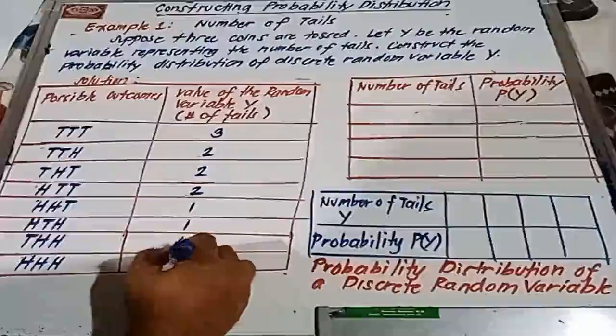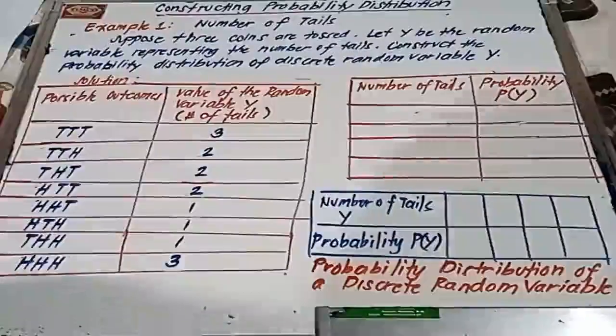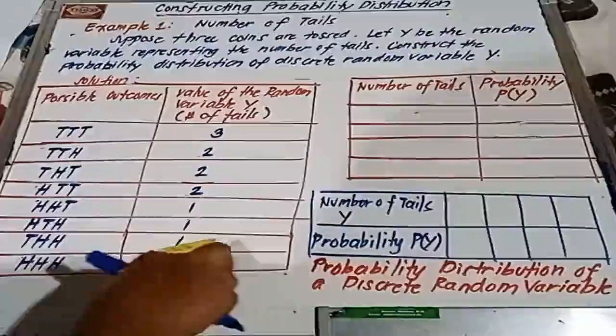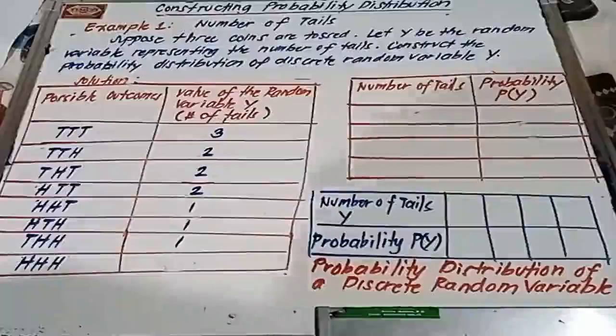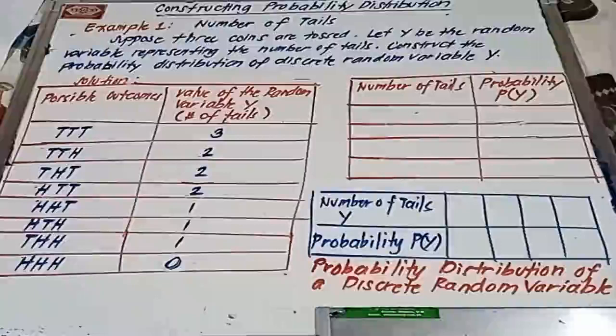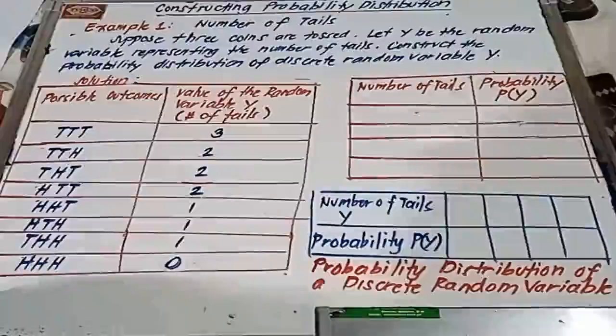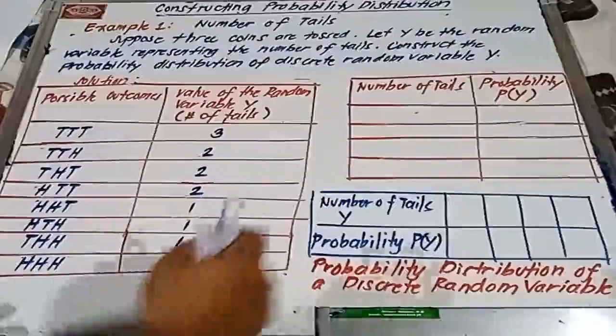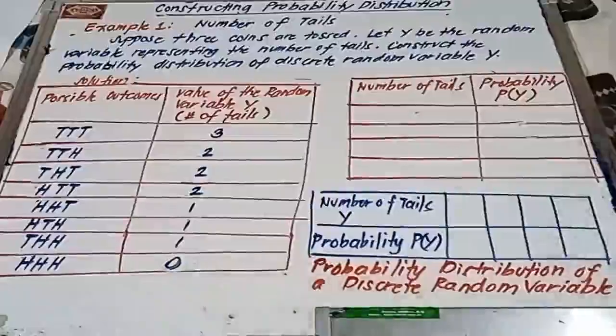At dito, 3. Okay. 1. 0. Dahil walang tail. Okay. Yan. So, meron na tayong value ng random variable ng y at yung ating variable na yon represent the number of tails. Now, the next step is to complete this table.